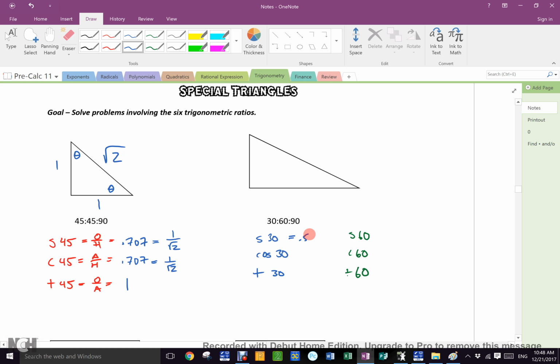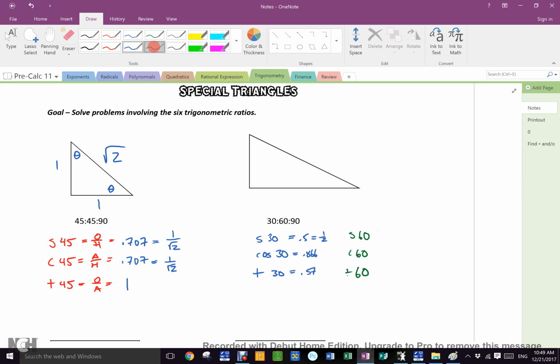0.5, right? Which is 1/2. We know that as a fraction, right? Okay. What's the cos of 30? It's barfy, 0.866. We don't know anything with that. What's the tan of 30? 0.57. Okay. Barfy.